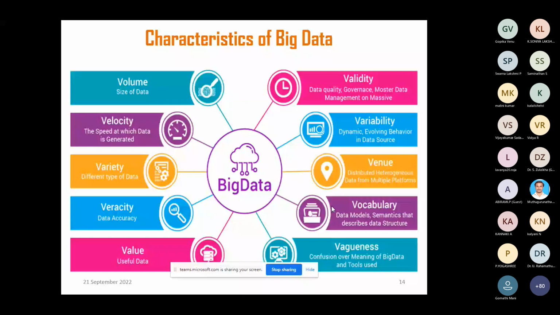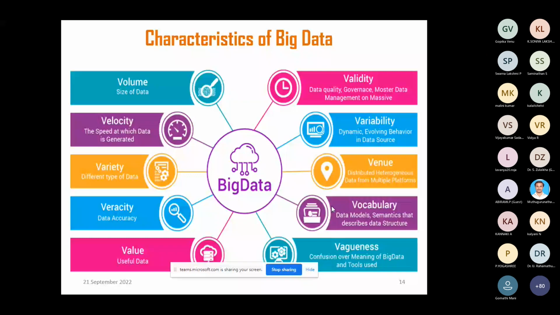So in that case, how are you going to manage such things, and what kind of data model are you going to make use of, how are you going to define the semantics, what kind of data structure are you going to apply? So vocabulary speaks about this, and this particular characteristic defines these data models, what kind of data structure, and how you define the semantics and so on.